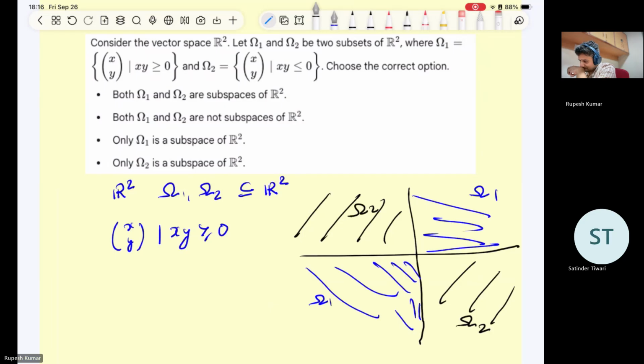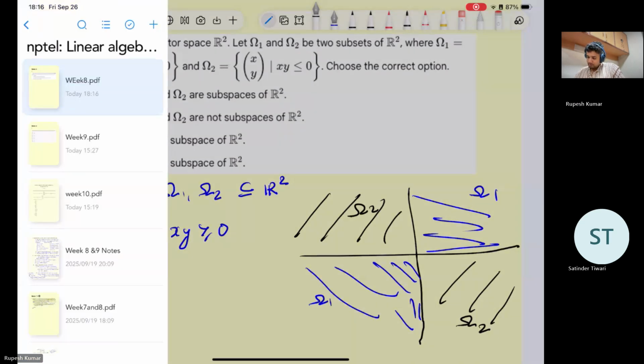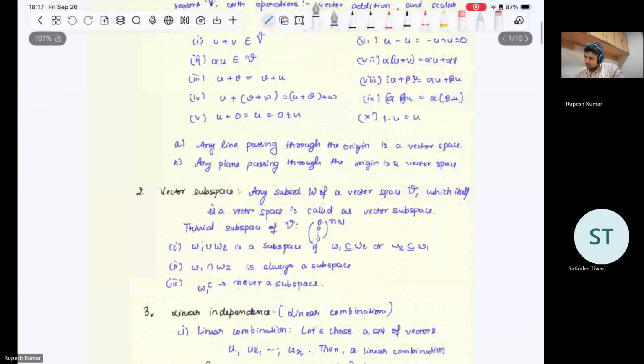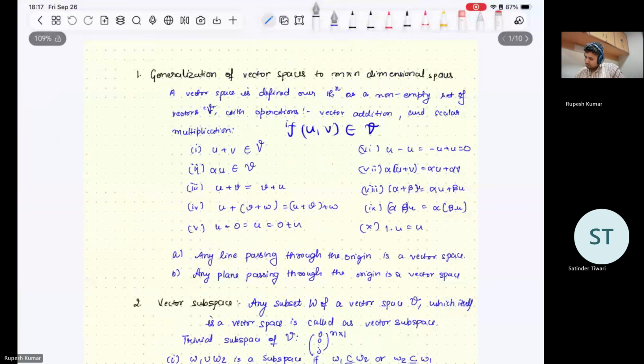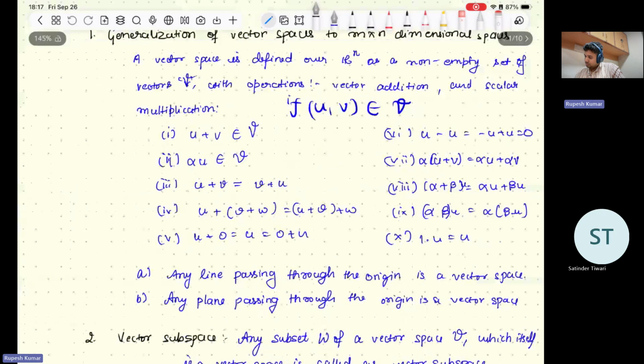are they subspaces? For a subspace of a vector space, what are the properties that we need? All these 10 properties should be followed.